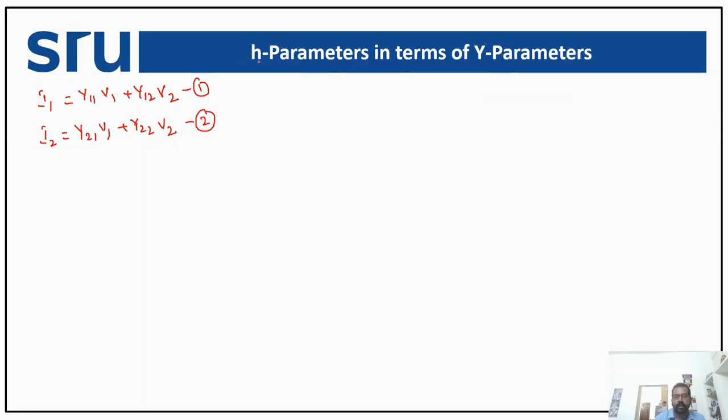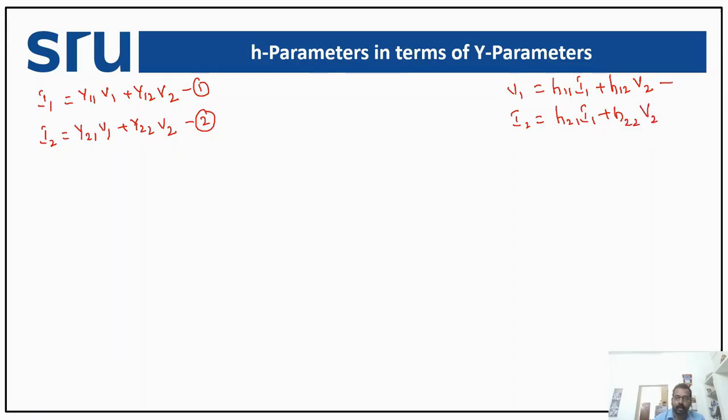And what are the H parameters we have? Hybrid. So it is V1 is equal to H11 I1 plus H12 V2 and I2 is equal to H21 I1 plus H22 V2.